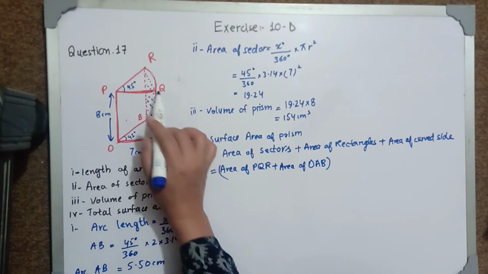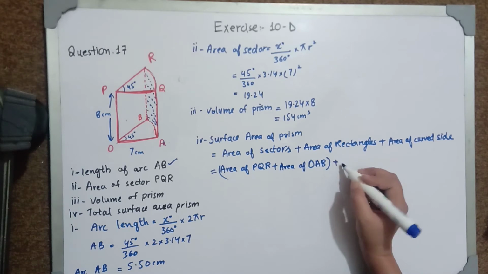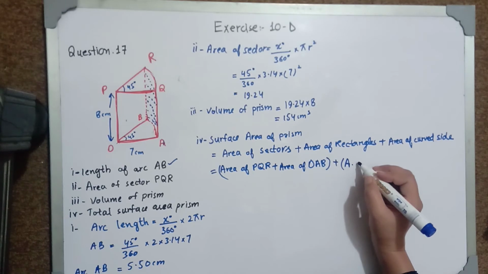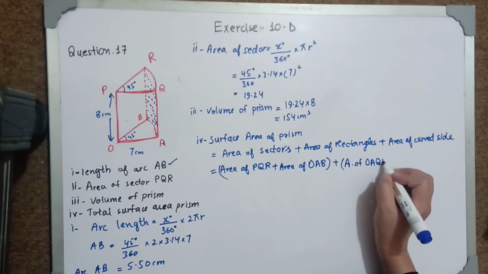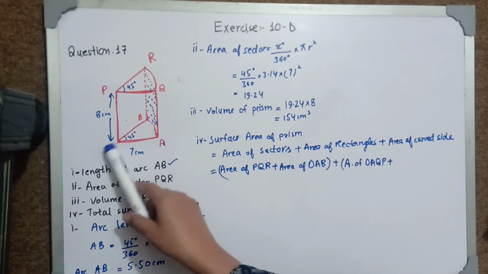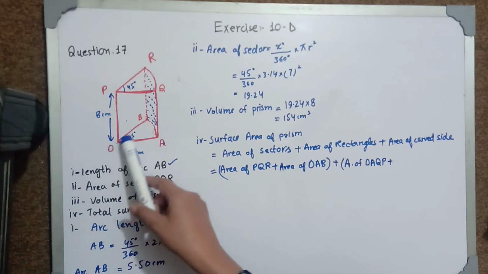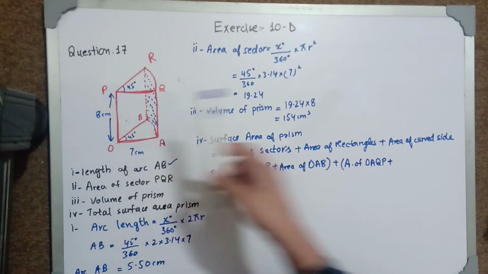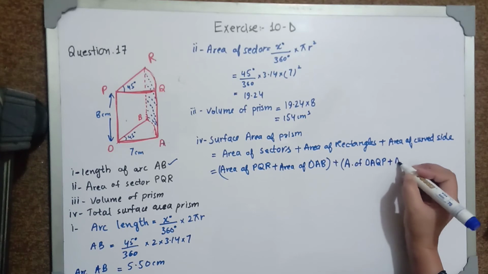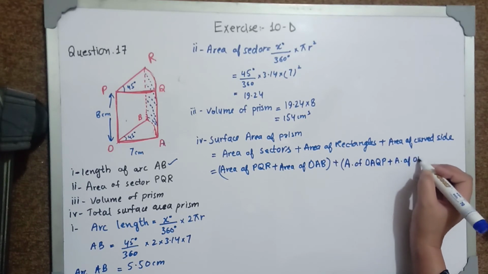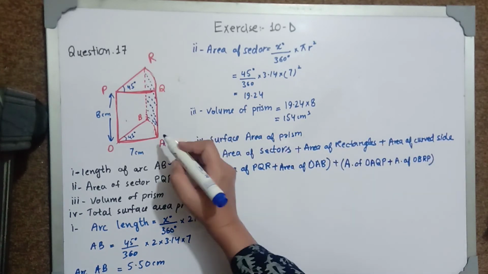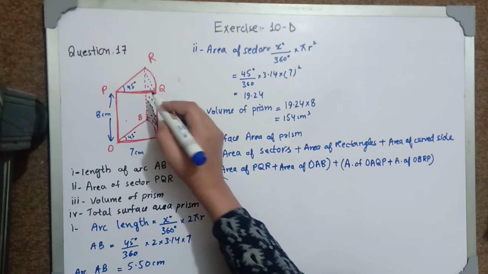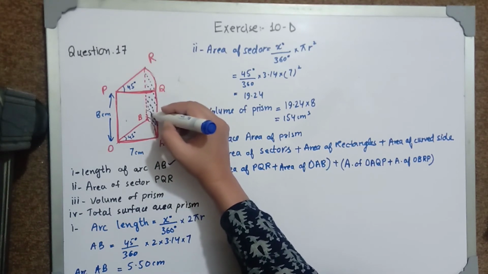Now for area of rectangles, I'll add the area of these two rectangles. The first one OAQP. I'm just denoting the area by A, okay? Area of OAQP plus the other rectangle OBRP, right? Plus area of the curved side, which is the area of AQRB, this side, which I just shaded.